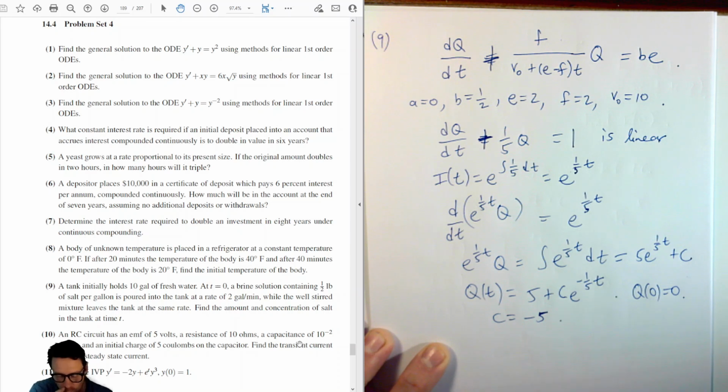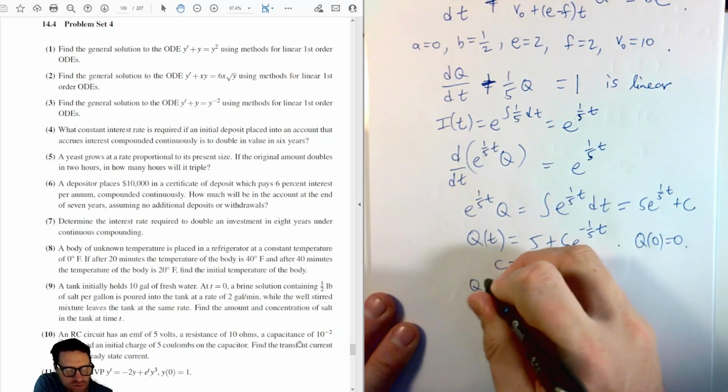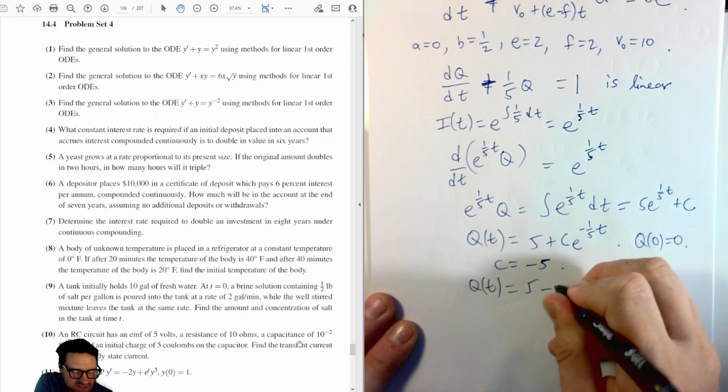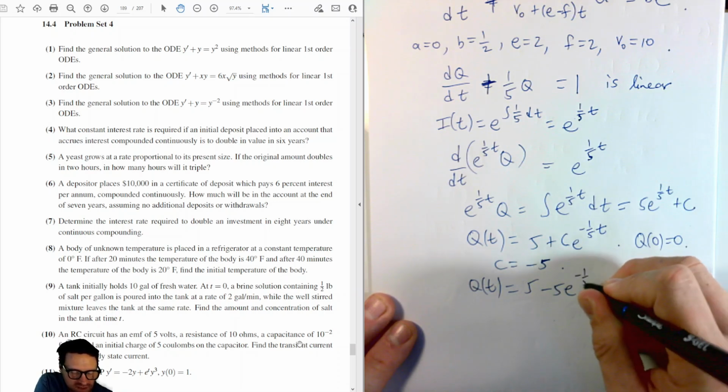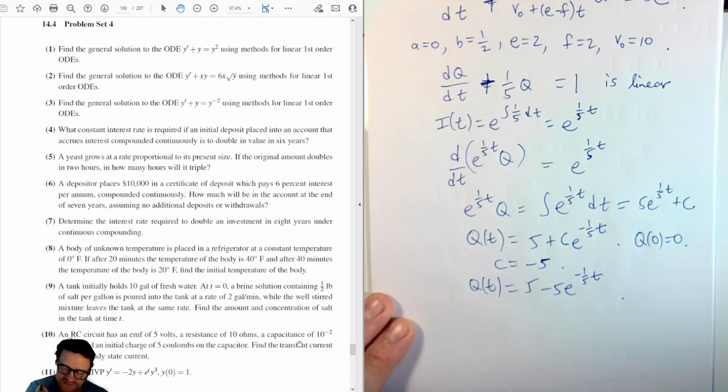E to the 0 is 1, so in other words, what we're solving is 5 plus c equals 0, and so we get c is minus 5. Okay, so now subbing that in, we've got q of t is equal to 5 minus 5 e to the minus 1/5 t. And so this is the quantity of salt at any given time.